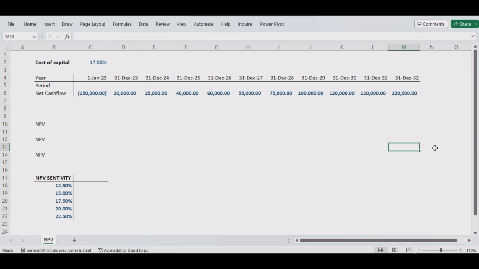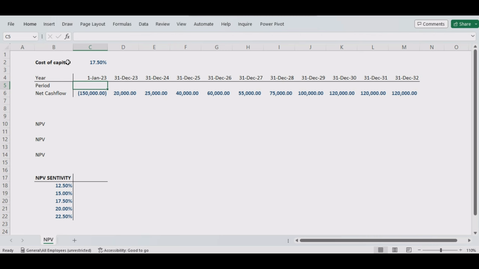So as you will notice on the screen, I've already set up some preliminary data that we need for us to find the NPV. So what we have is the cost of capital, which is the interest rate that you pay for getting money from someone and using it for a specific period of time.